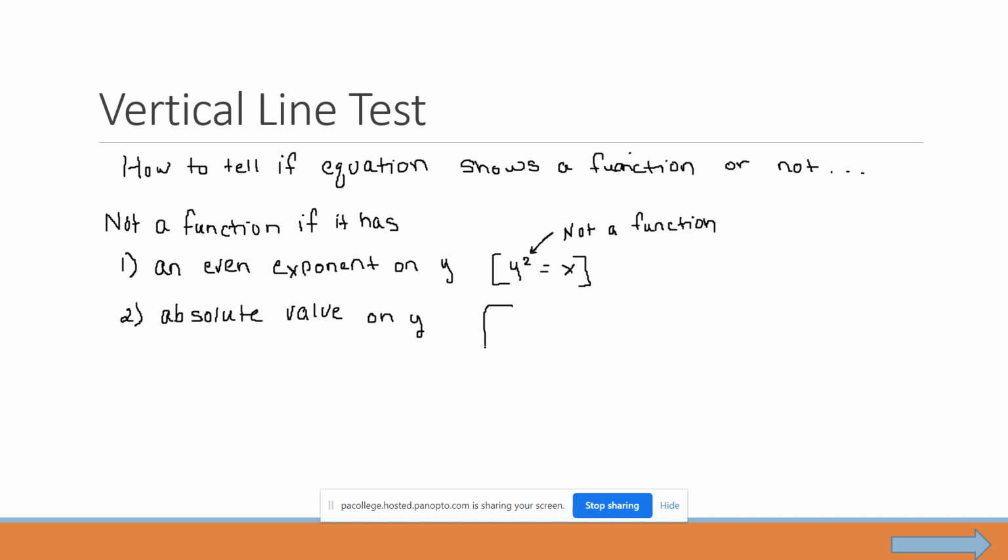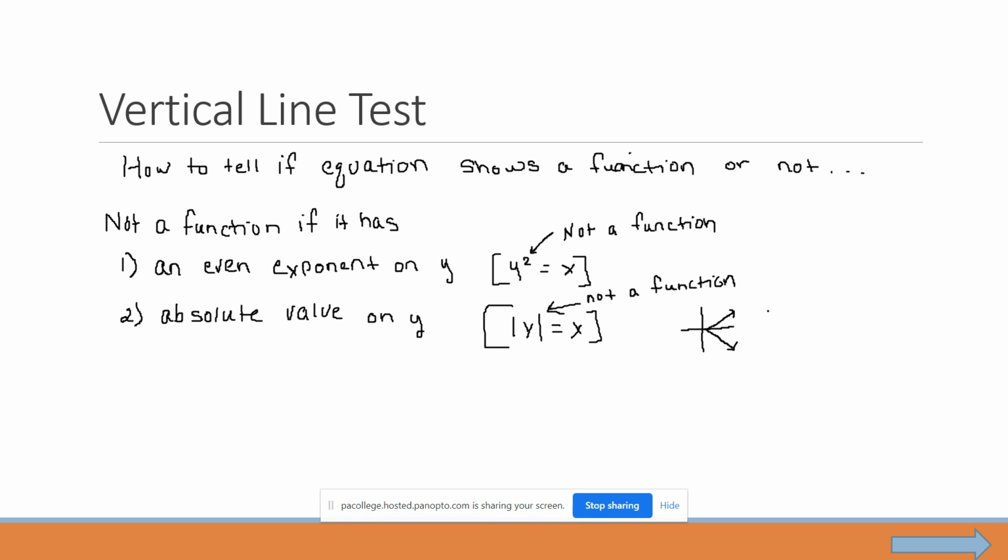If I give you an example there, if we use the straight lines for absolute value of y equals x, this has the absolute value on y, so not a function. These that are not functions are really hard to graph on your graphing calculator, so I don't want to ask you to go graph it, but if you would graph it, you would get a graph that is like a sideways V shape.